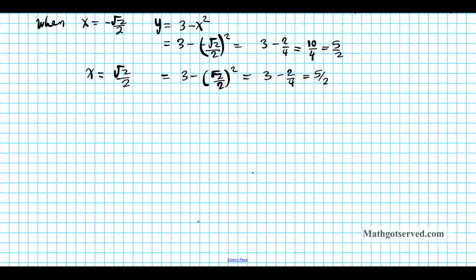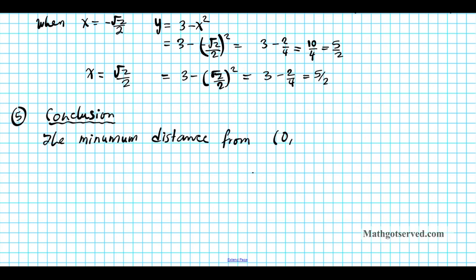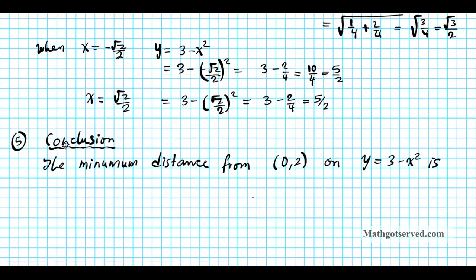All right, so conclusion, which is part 5. The minimum distance from the point 0, 2 on the graph y is equal to 3 minus x squared is, what did we find the minimum distance as being asked?